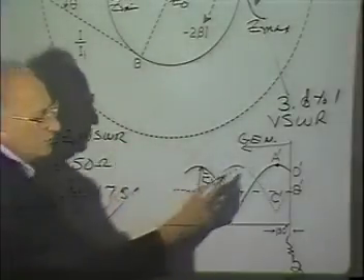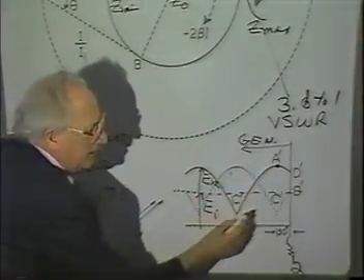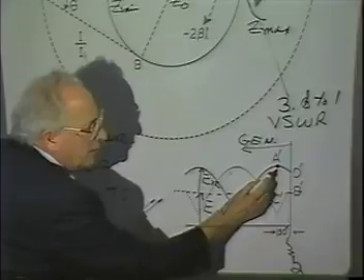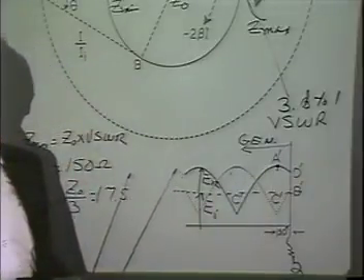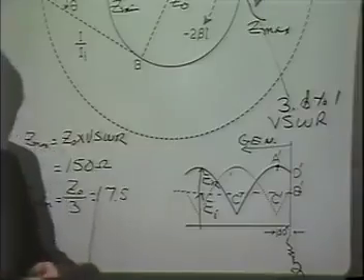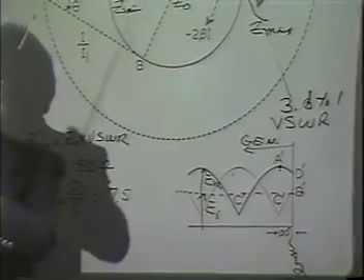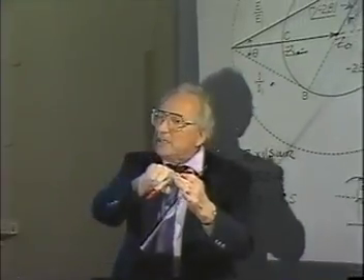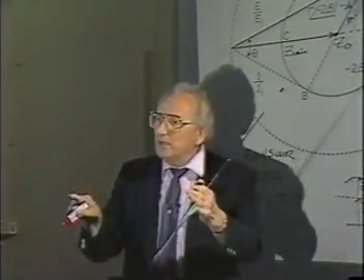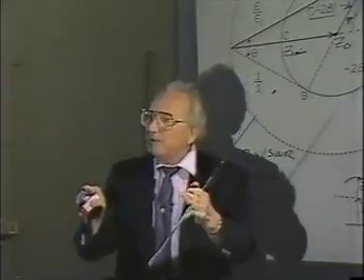Suppose I want to move this point over here, right? In other words, I'm going to terminate the line now with a pure resistance, because I want you to see what happens to the minimum. Remember, on the transmission line you have a certain wavelength, right? But what you connect to the end of the line tells you where the minimum is going to be. The first minimum is going to be located with respect to the load.